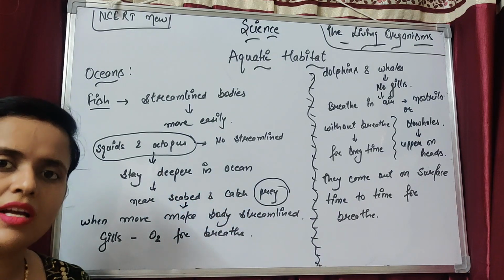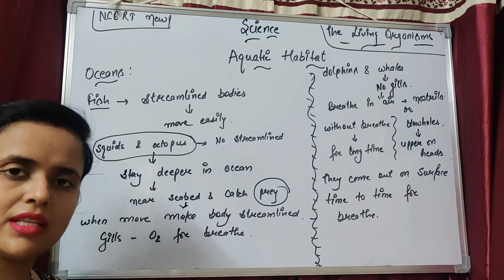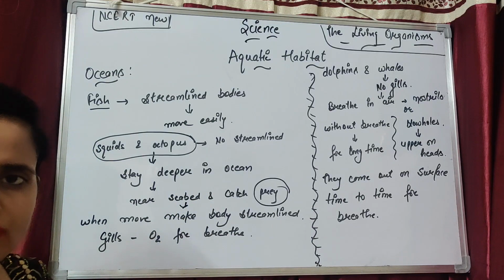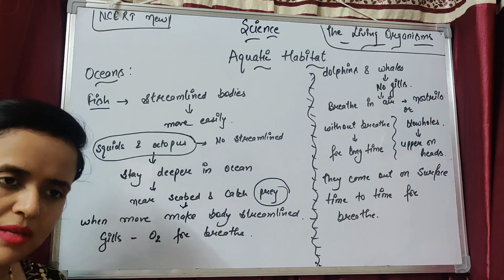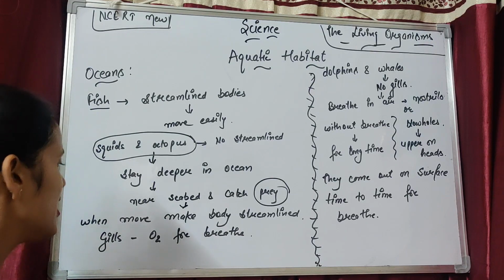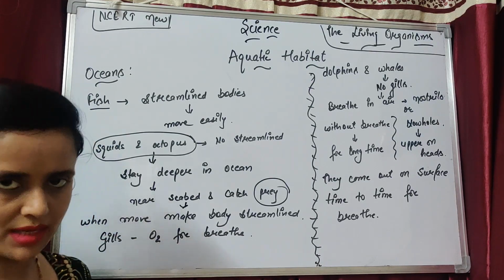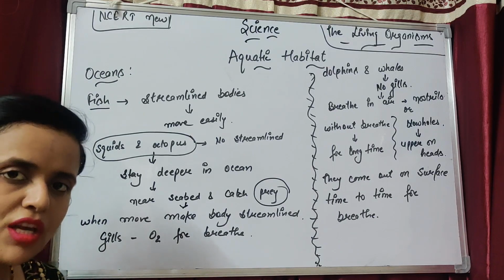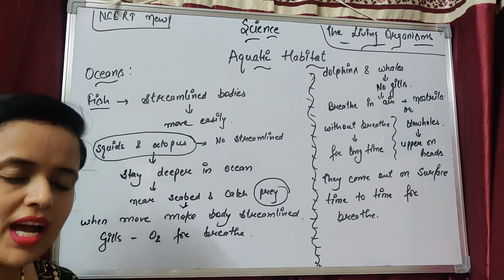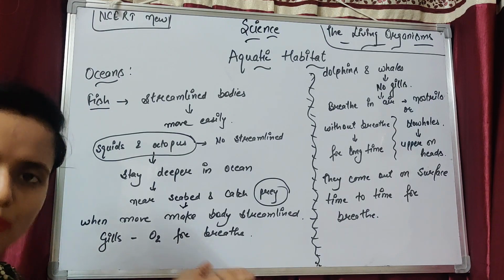They sit in a relaxed position, and if there is any small fish, they wait for prey, and if there is any prey, they will catch and eat it. When they move, they make their body streamlined. And they have gills for taking oxygen from the water, for survival, or you can say for breathing.